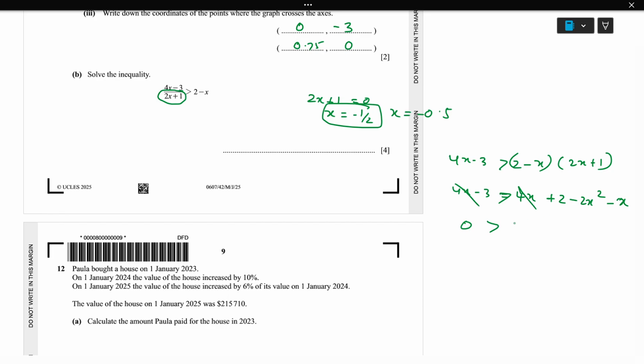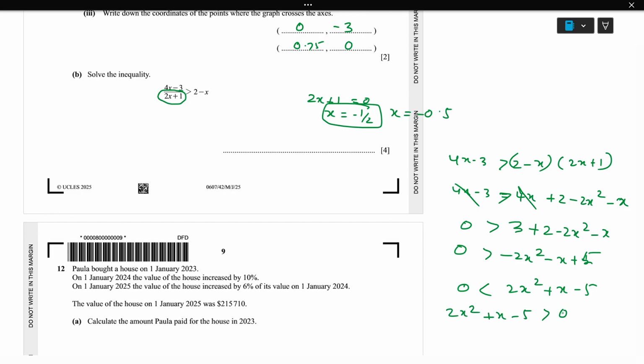When the 3 goes to the right side it becomes positive. So 3 plus 2 minus 2x squared minus x, so minus 2x squared minus x plus 5. I'll multiply both sides by minus, so it becomes 2x squared plus x minus 5 greater than 0.